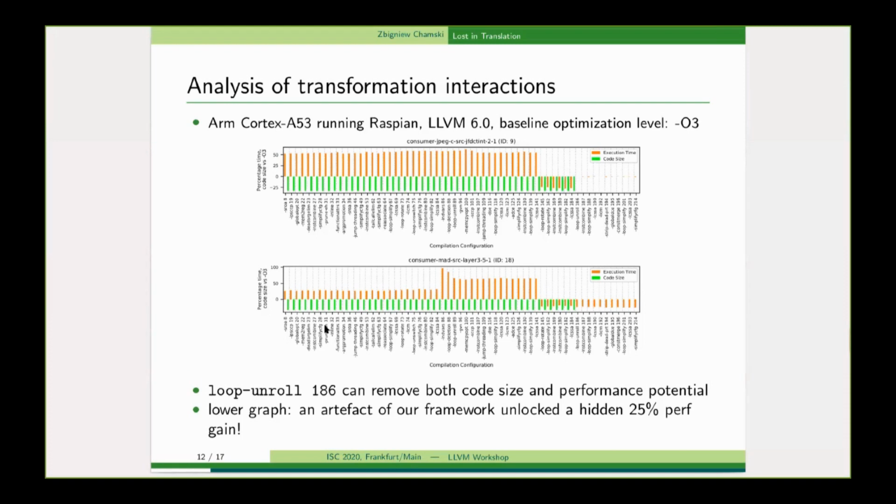I'm going to ask the question you put in the chat. So he asked, what is the number of tests that you generate here? So per benchmark, we generate 60-something tests. That's the number of transformation passes in opt that form the -O3 chain.